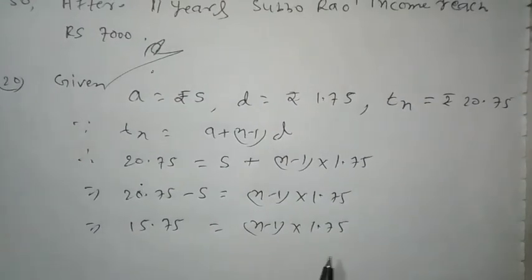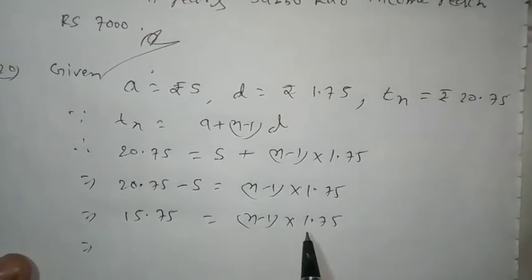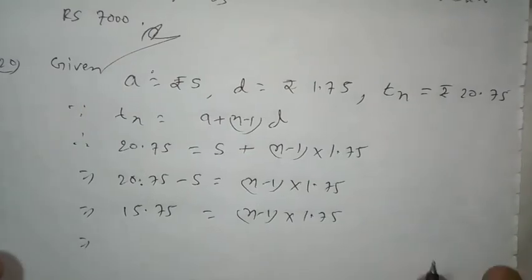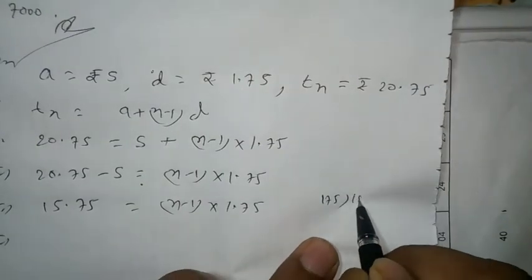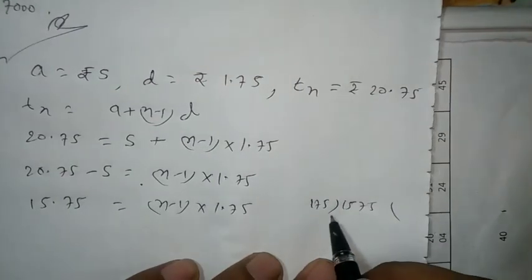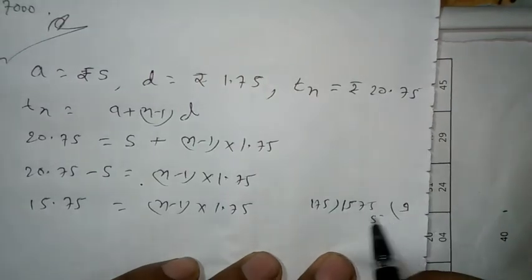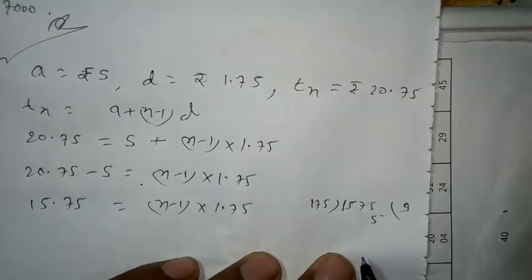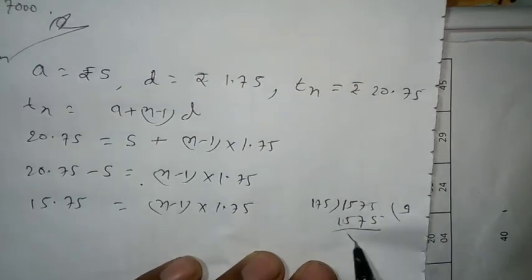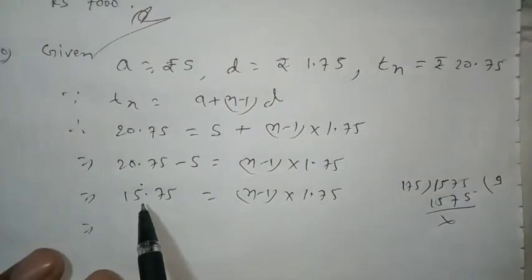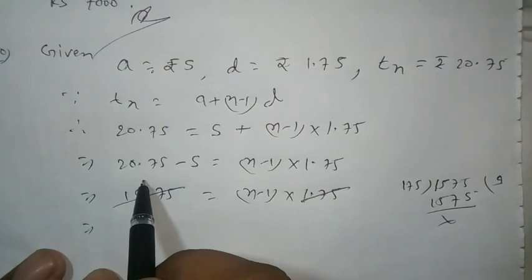Now we divide 15.75 by 1.75, then we get 9.